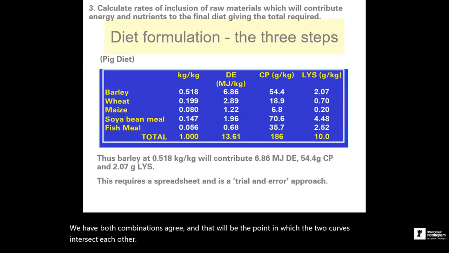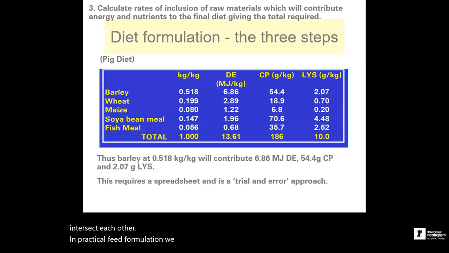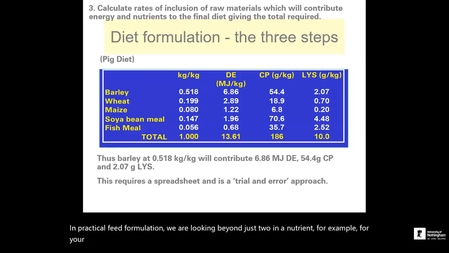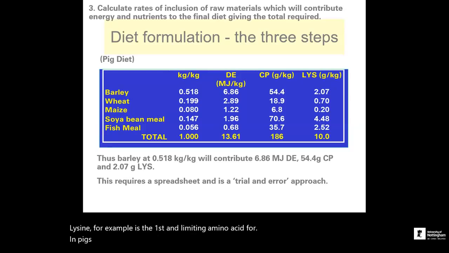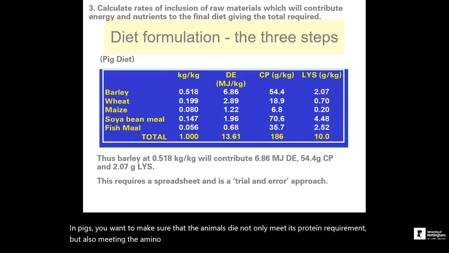In practical feed formulation, we are looking beyond just one nutrient. For example, for your growing pig, you want to be considering energy, you want to be considering protein. Lysine, for example, is the first limiting amino acid in pigs. You want to be sure that the animal's diet not only meets its protein requirement, but also meets the amino acid requirement, primarily first lysine and maybe more.